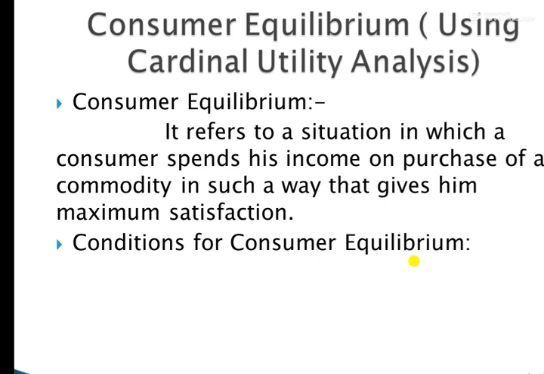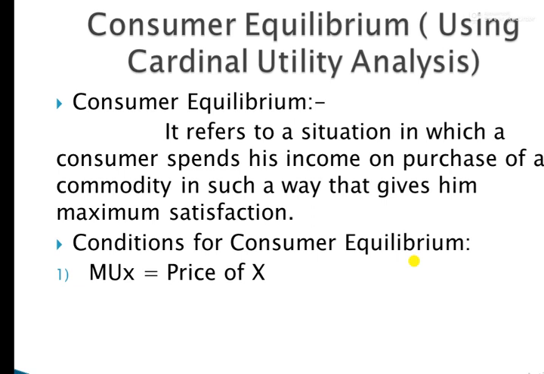So the conditions for consumer equilibrium are: number one, the marginal utility of the commodity should be equal to the price of the commodity. What does it mean? It means the satisfaction given by the commodity X will be equal to the price of X. It means what we are paying for and what we are getting should be equal.